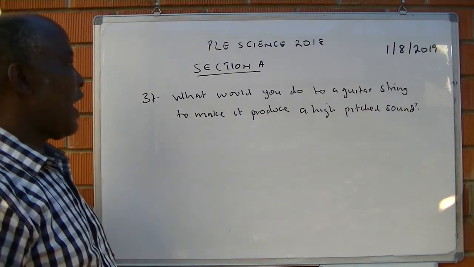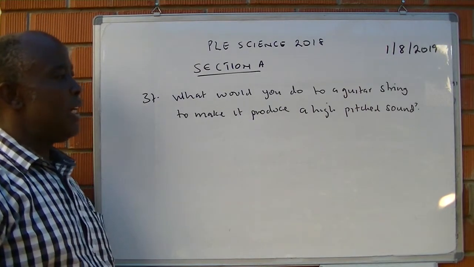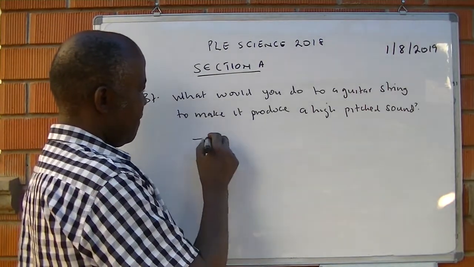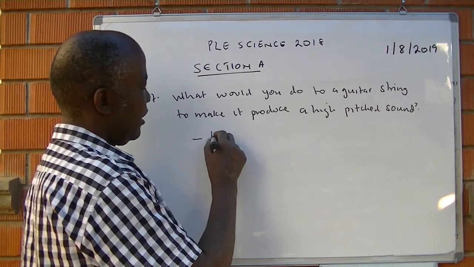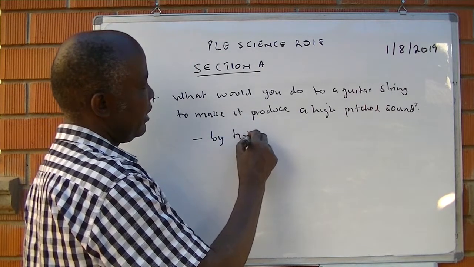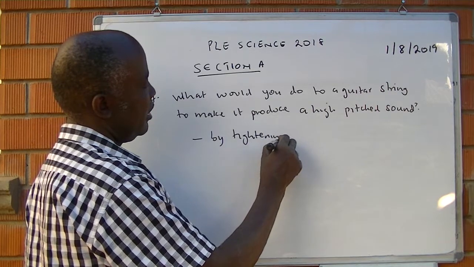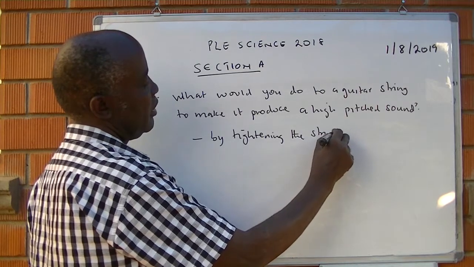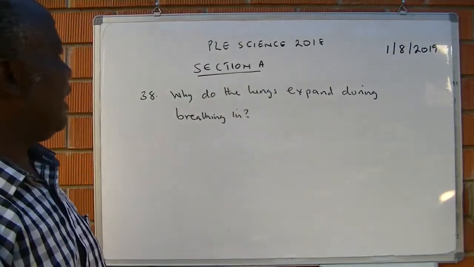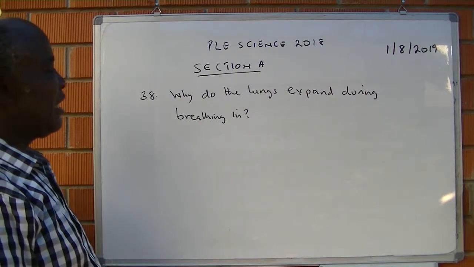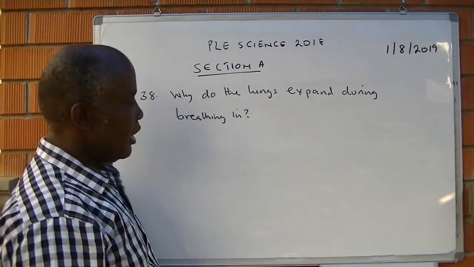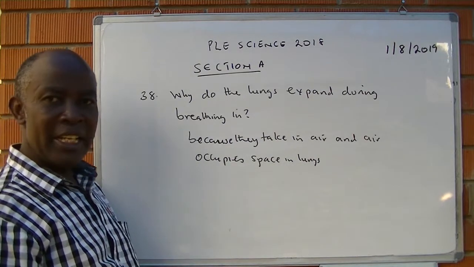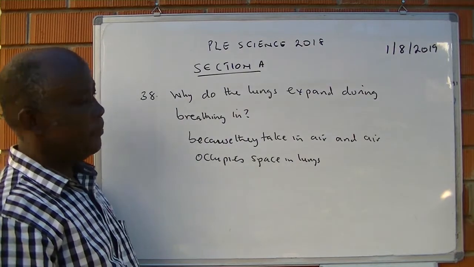Number 37. What would you do to a guitar string to make it produce high-pitched sound? By tightening the strings. Number 38. Why do lungs expand during breathing in? Because they take in air and air occupies space.